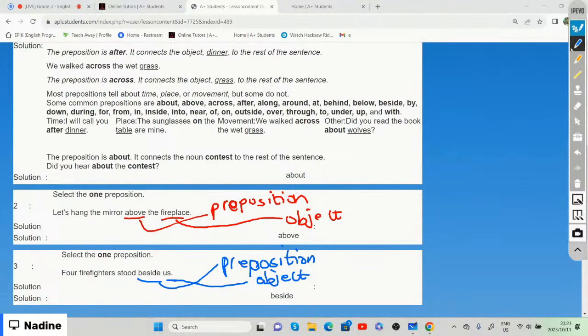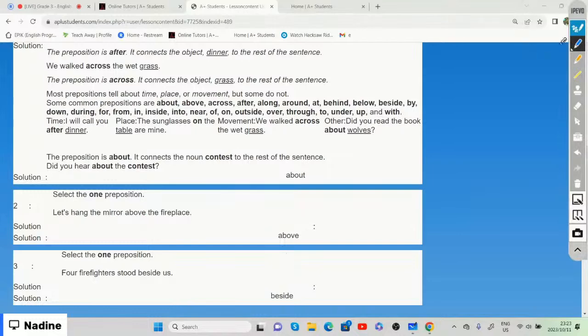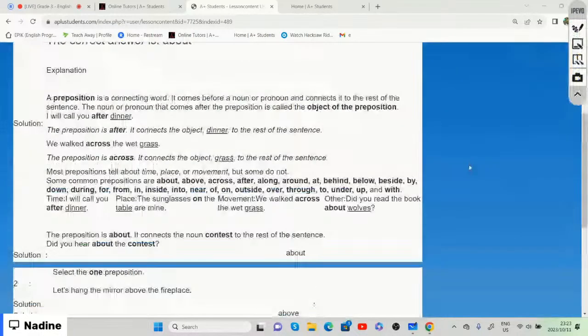All right. So remember we said that a preposition is a connecting word, and it comes before either a noun or a pronoun and then it connects it to the rest of the sentence. And we say that the noun or pronoun that comes after the preposition is called the object of preposition.